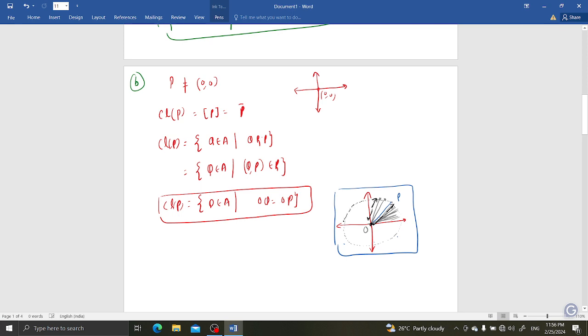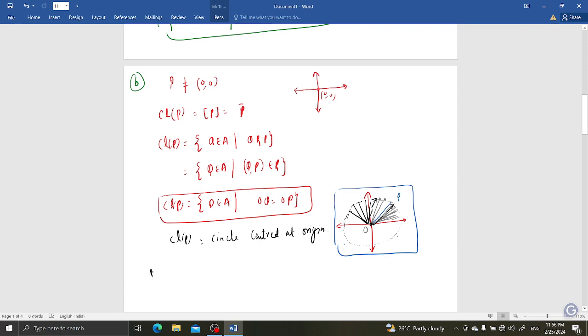All these points on the circumference are equidistant from a fixed point. So if we collect all these points, we get a circle centered at the origin. So this is the class of P.